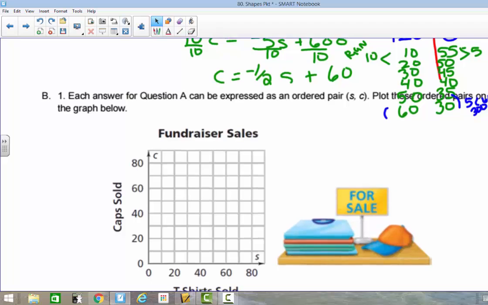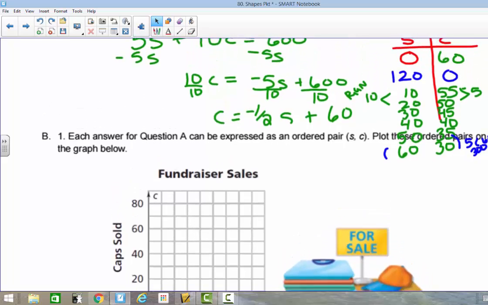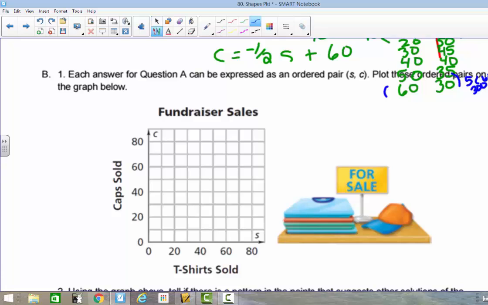And now we're going to plot these points. Our very first point was over 0 up 60. And then over 20 up 50. And over 30 up 45.